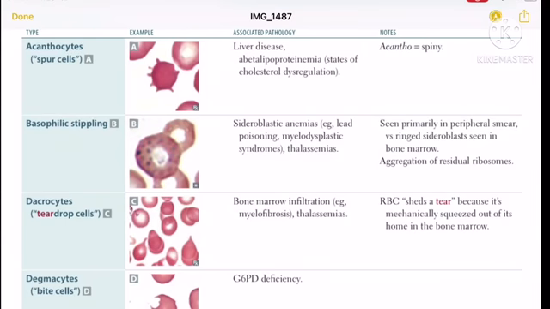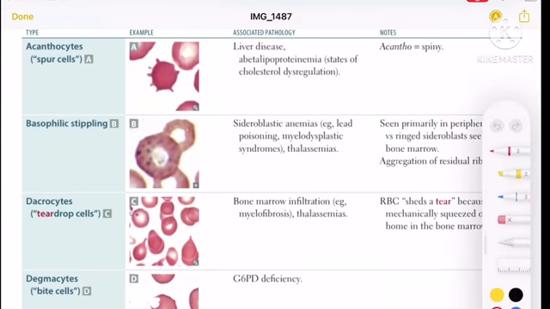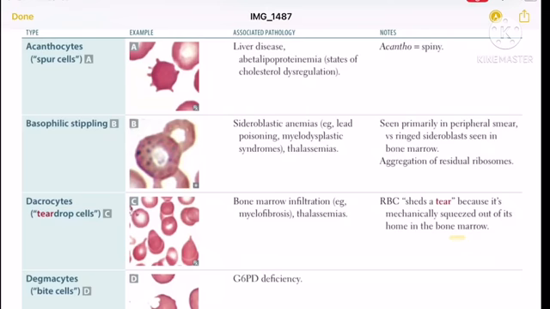If you want to study what they wrote here: what is an acanthocyte? It's also called a spur cell. It can be seen in liver diseases and abetalipoproteinemia, a state of cholesterol dysregulation. And acantho means spiny.